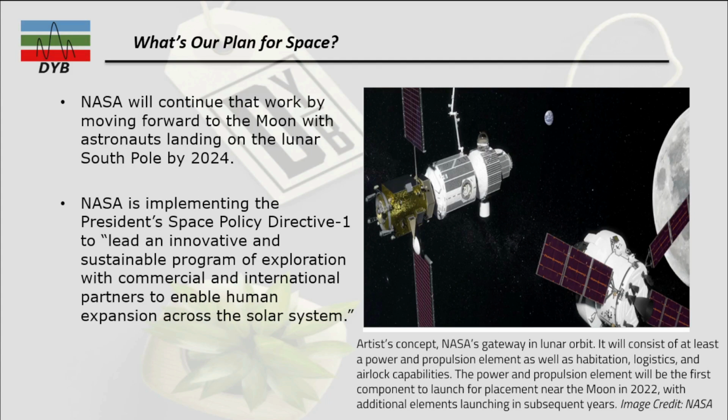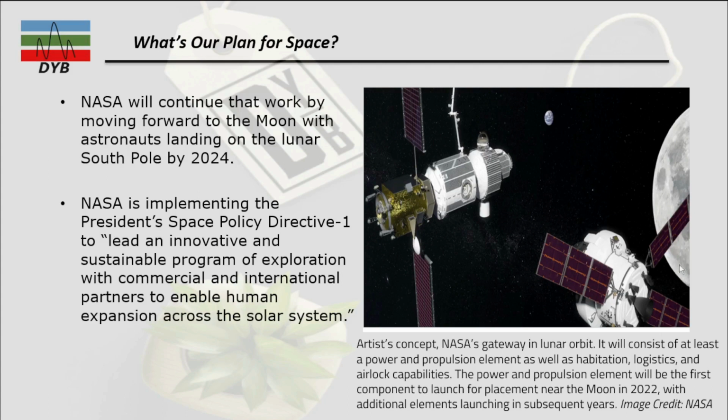Now let's look at the future plan for space. NASA will continue that work by moving forward to the moon, with astronauts landing on the lunar south pole by 2024, which is next year hopefully. And NASA is also implementing the President's Space Policy Directive 1 to lead an innovative and sustainable program for exploration with commercial and international partners to enable human expansion across the solar system.